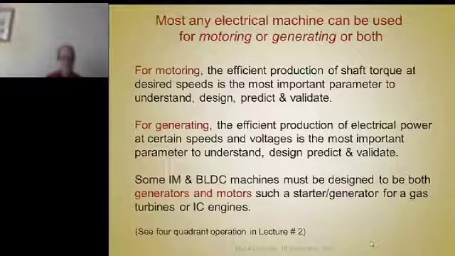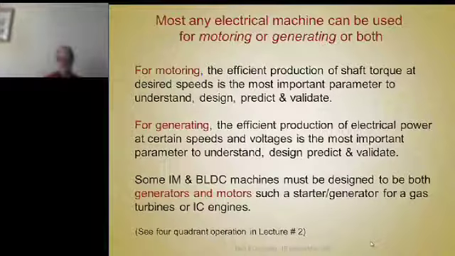When you're generating, if you have some extra losses in the generator, even though those losses could cause the generator to heat up, that's not really an efficiency loss for the generator within itself. It's still an efficiency loss in the flow of power, but the generator doesn't care if the prime mover has to produce some extra torque to overcome windage in the air gap, for example, or friction in the bearings.